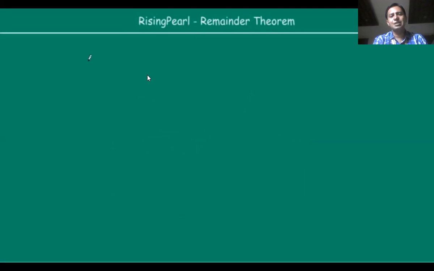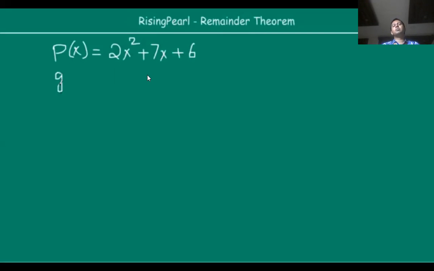Now, consider a question where we have a polynomial px such that the value of px is 2x square plus 7x plus 6, which is the dividend, and it's to be divided by x minus 2.